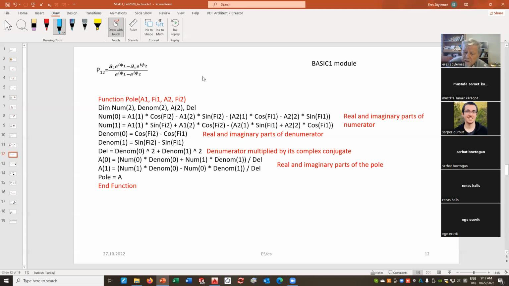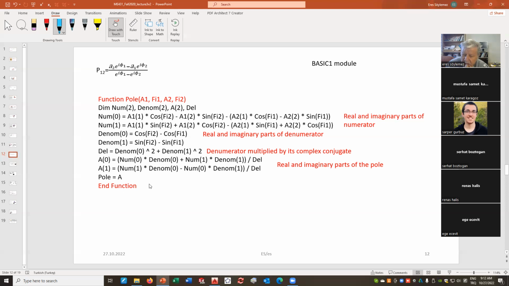We first expand these equations in real and imaginary parts, determine the denominator, determine the numerator, and then multiply the denominator by its complex conjugate, and multiply both the numerator and denominator by the same del, divide, and then you obtain the coordinates of the pole as A0 and A1.